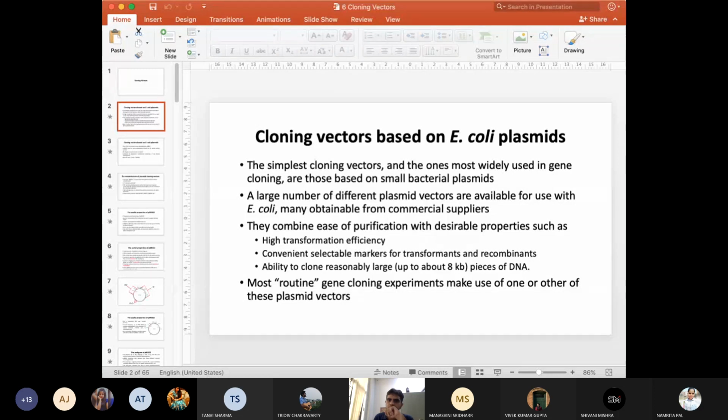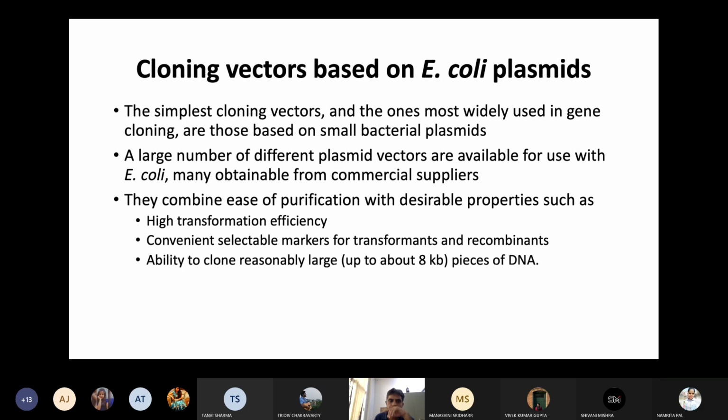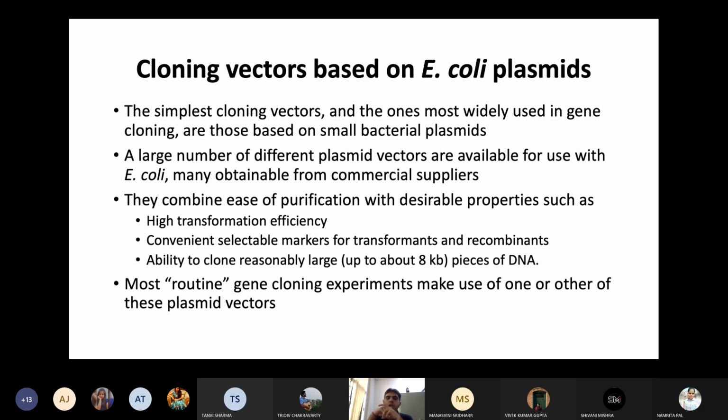Today I will discuss this in brief only, because a vast description would be required. So, cloning vectors for E. coli. E. coli is our host strain which we are going to use for our cloning purposes. Now what type of vector should we use, what are the different vectors, and how will these vectors be described?